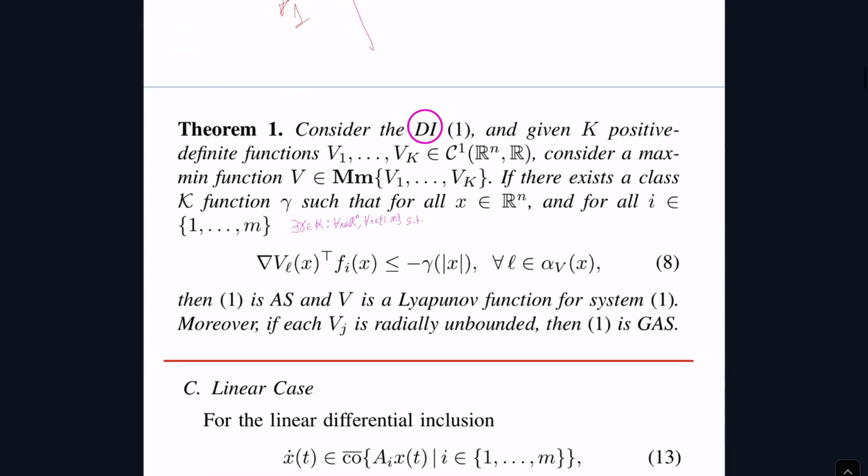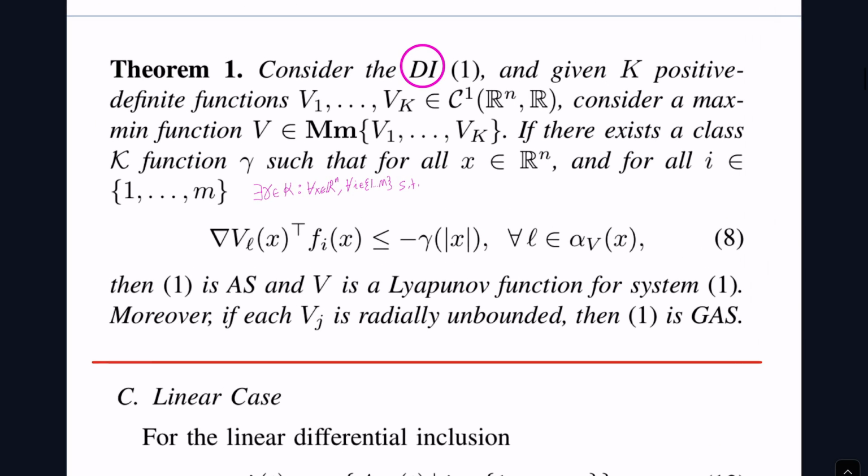Okay, so this is the first theorem. Consider the differential equation that we expressed before, and given k positive definite functions, of course, it would make sense to have those, quote-unquote, base functions as being positive definite functions, right?